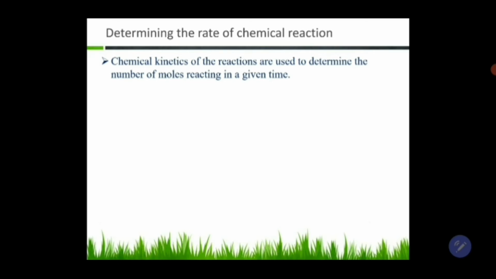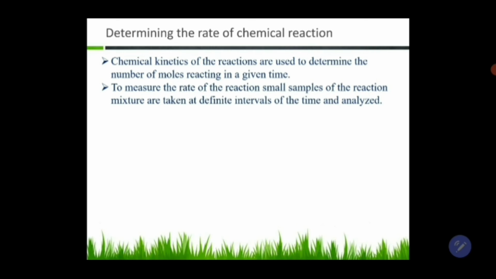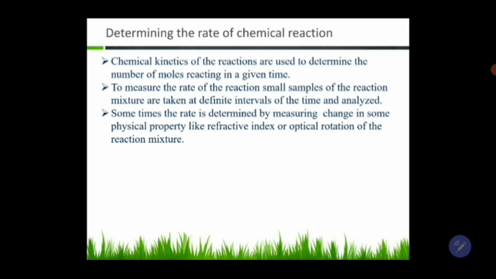In order to determine the number of moles reacted, we can take the help of the chemical kinetics of the reactions. To measure the rate of the reaction, small samples of the reaction mixture are taken at definite intervals of time and analyzed. We could measure the change in some physical property, like refractive index or optical rotation, of the reaction mixture.